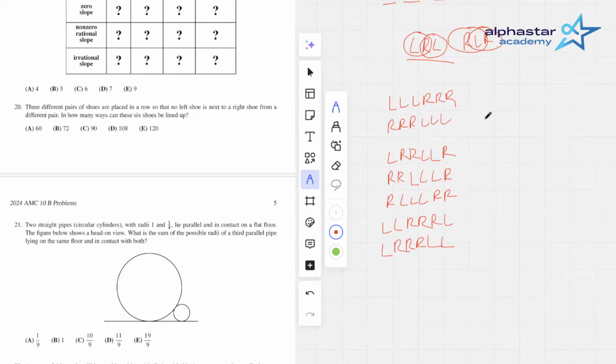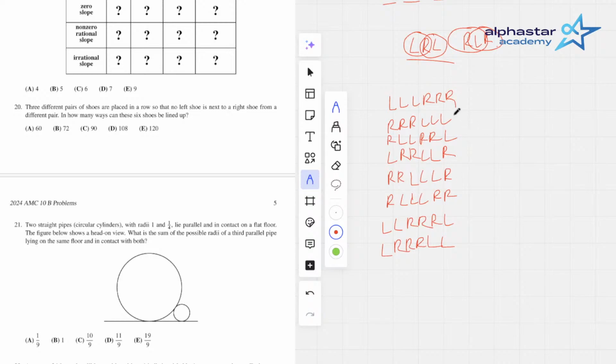I guess we haven't confirmed. These are like the middle positions. We can have RLLRRL, and I believe that's it. 1, 2, 3, 4. If we have LLRR in the middle, then there's 2 possibilities. And then otherwise there's only 1 on either edge.